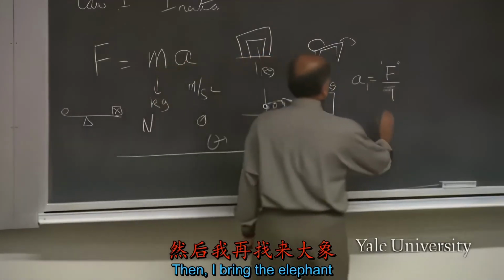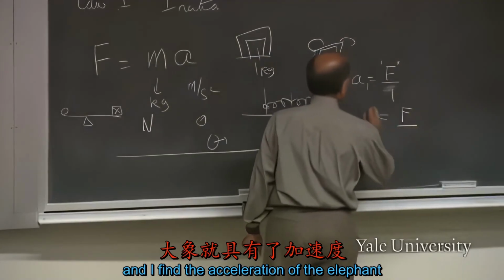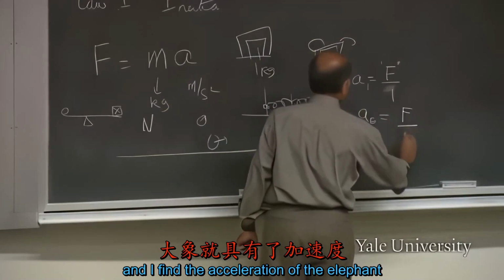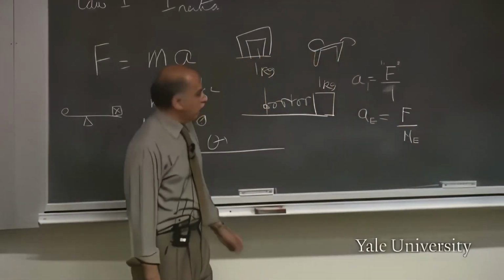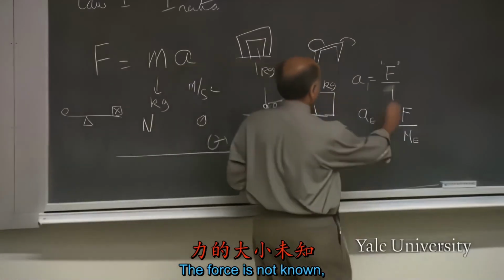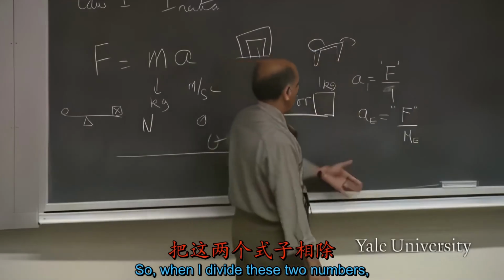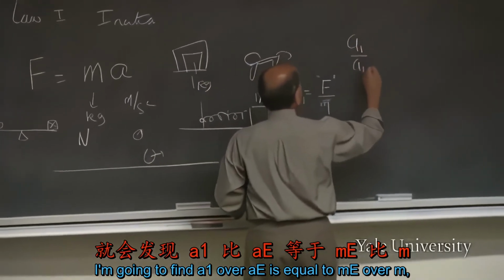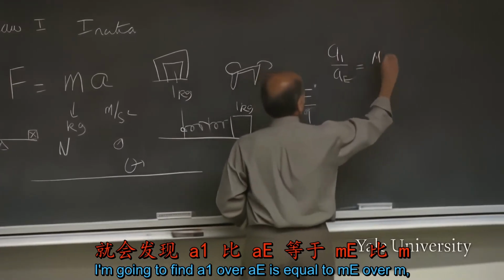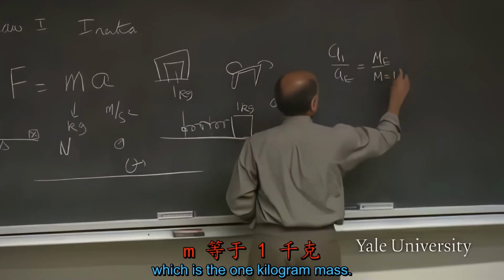Then I bring the elephant, and I pull the spring by the same amount, and I find the acceleration of the elephant. And the denominator is obviously the mass of the elephant. The force is not known, but it's the same force. So when I divide these two numbers, I'm going to find A1 over AE is equal to ME over M, which is the 1 kilogram mass.